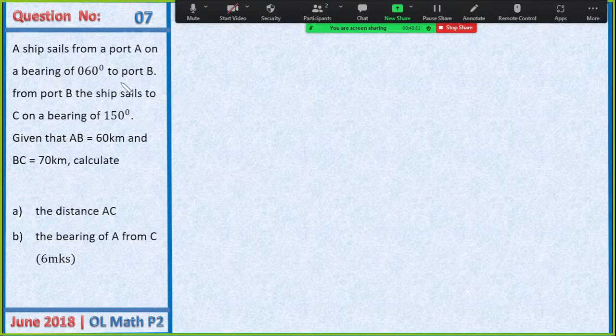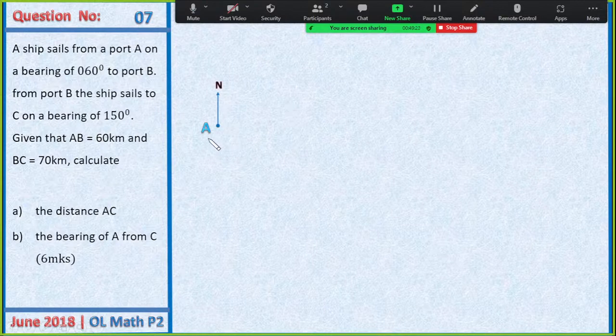The first thing to do with this one is to draw the diagram. Bearings are always written with 3 digits. Bearings are measured from the north clockwise. So a ship sails from port A to B on a bearing of 060.